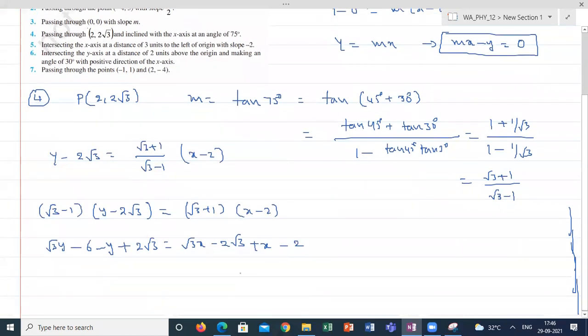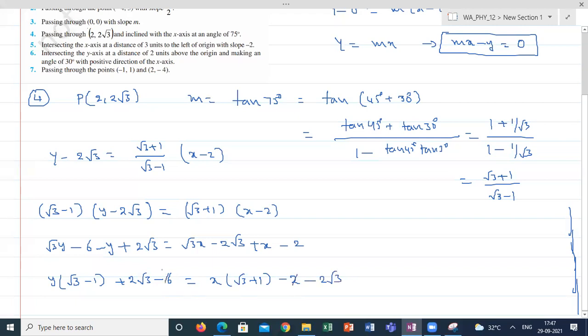Now collect all the things. If I'm taking y common here, root 3 minus 1, plus 2 root 3 minus 6. If I'm taking x common here, root 3 plus 1, then it will be minus 2 root 3.